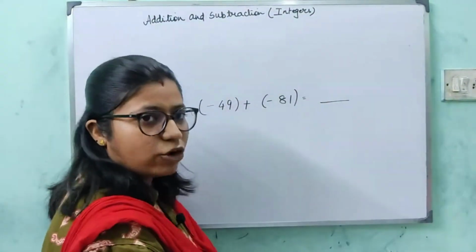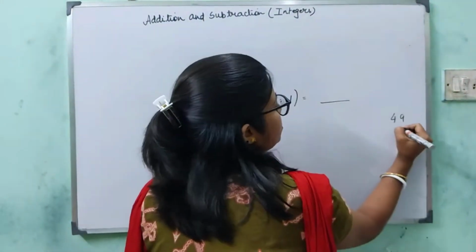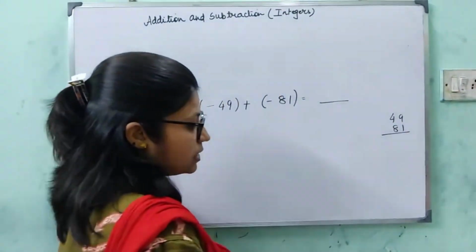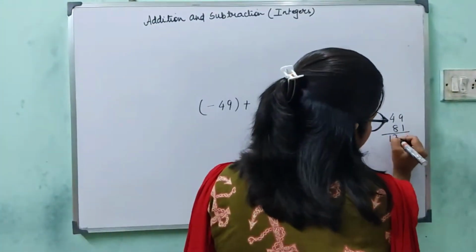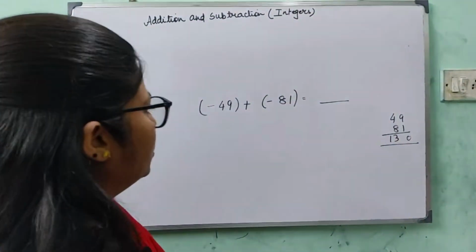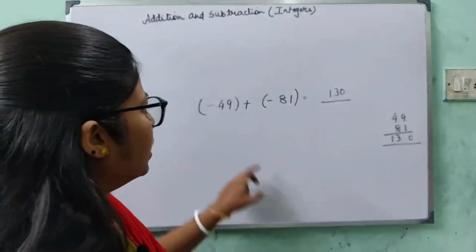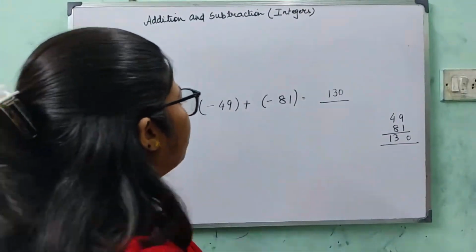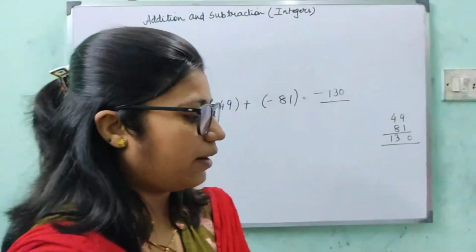I think by now you have got the answer. So first you add the two numbers without the sign, that is 49 plus 81, 130. But the sum doesn't end over here. These two numbers were having the minus sign. So what is the common sign? Minus. So the answer is minus 130.